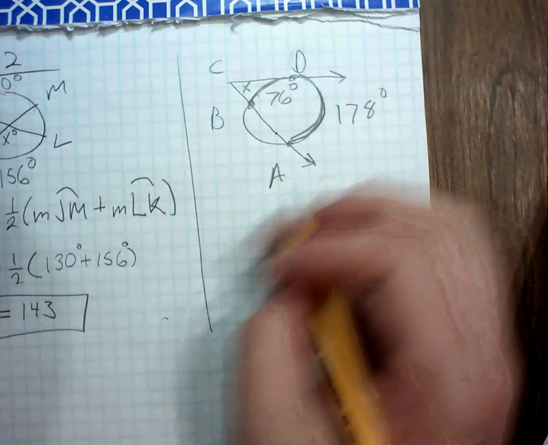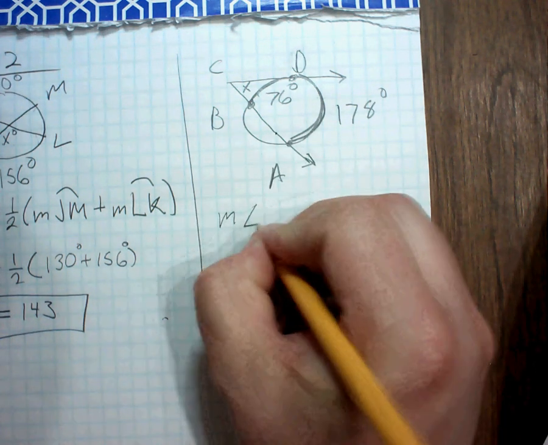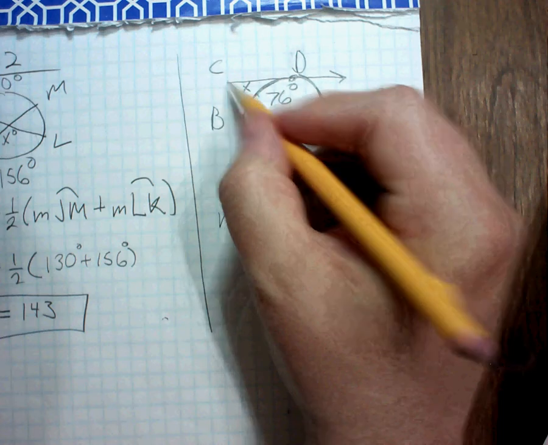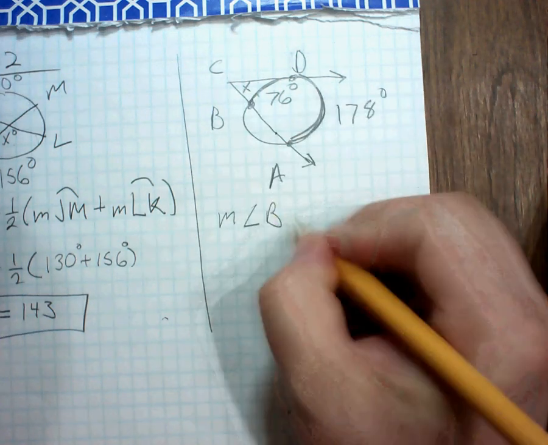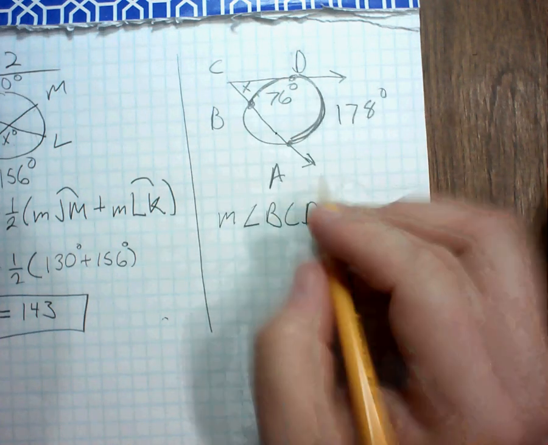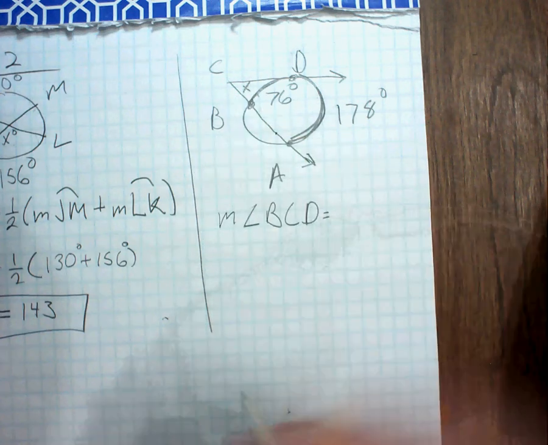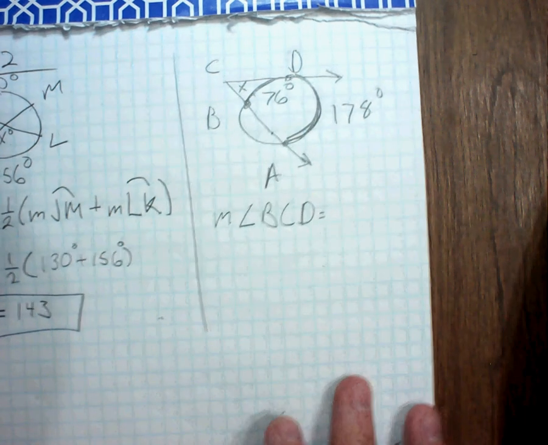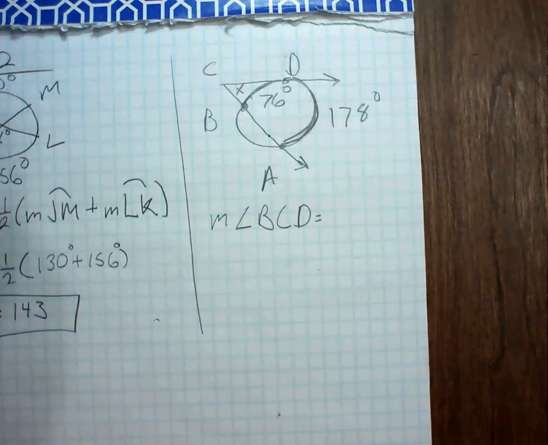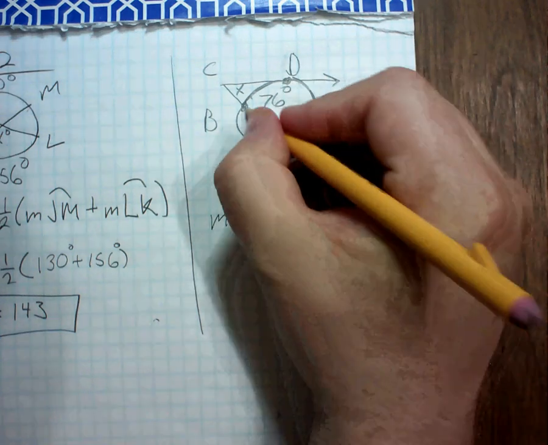Well, again, remember that the measure of BCD, that's what X is equal to. So I got to look at this and make a determination which formula to use. I notice that it intersects here, here, and here.